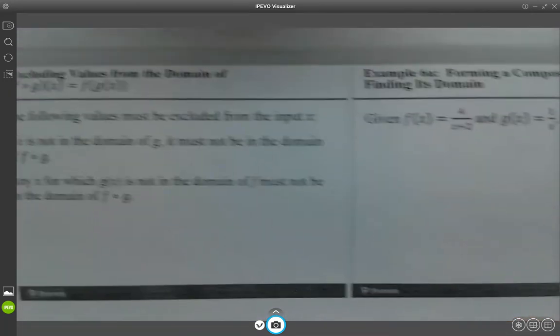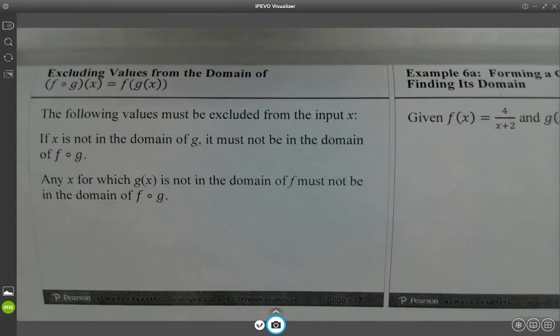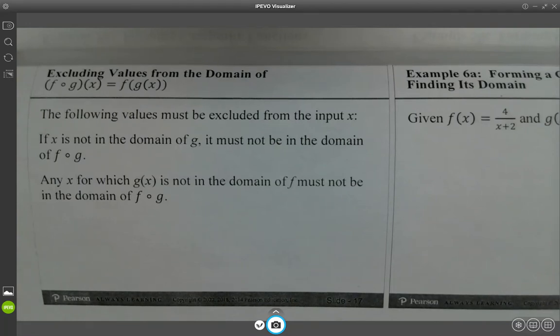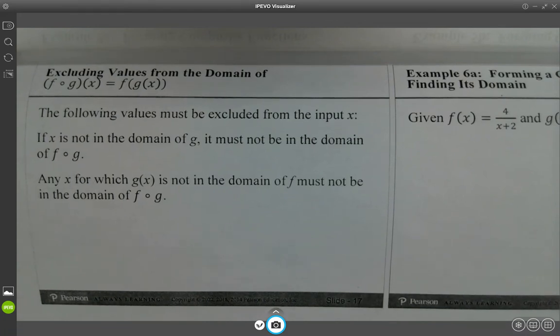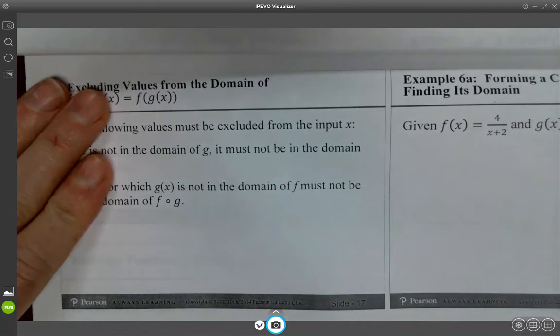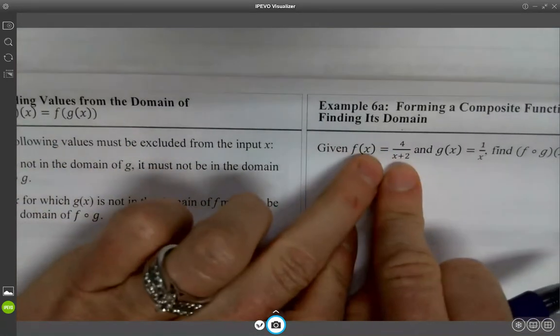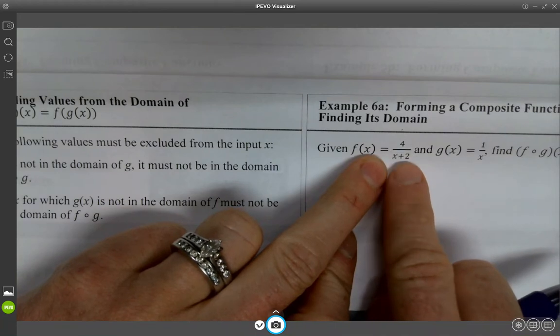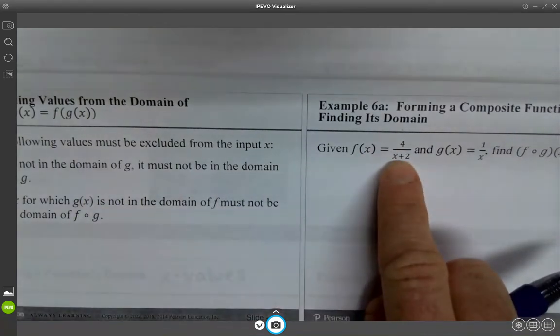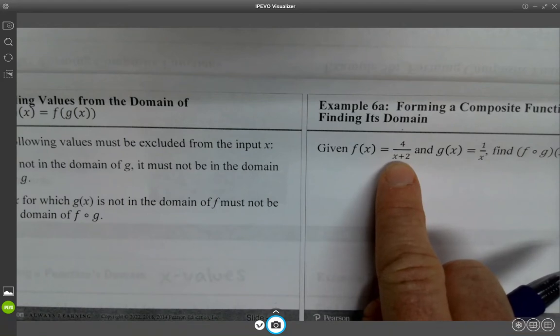Look at when the values are excluded. The following values must be excluded from the input x. If x is not in the domain of g, it must not be in the domain of f of g. Okay, so let's look. We first need to find out what x cannot be. For the f of g, x cannot be negative 2.